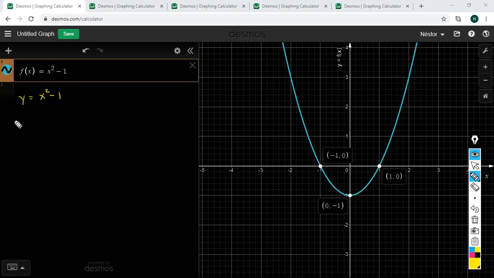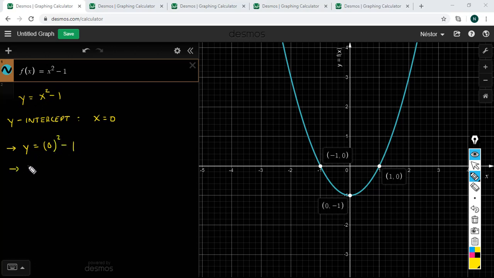And then for getting the y-intercept, what you have to do is make the x equal to 0. You're gonna assign the value of 0 to the x in this function, and you're gonna see what you get for y once you do that. So let's do it. Y equals x squared minus 1, but remember that we're gonna replace x with 0.